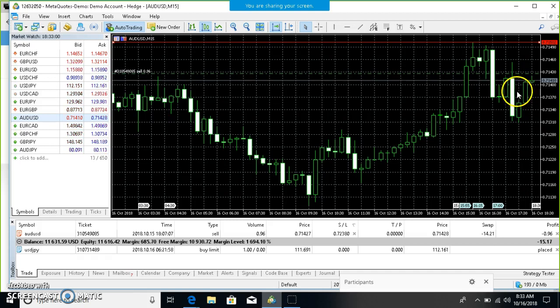So now, as it goes up to here, I put a pending order at 0.7150. Now, if you notice, this trade right here, we're losing. I've been in it for a couple of days. For some reason, I thought I put a stop loss in there where I should have been in profit. I should have been out of this trade, but I guess it didn't change.